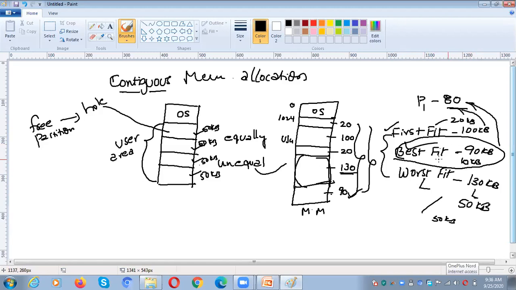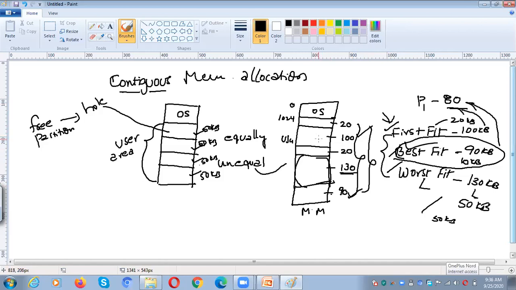Okay. So in those three, what you need to remember is that best fit and worst fit will search the entire list, whereas first fit won't go for the entire list. Whenever there is a partition available to keep the process, it will choose that first partition. It won't go for the remaining partitions.